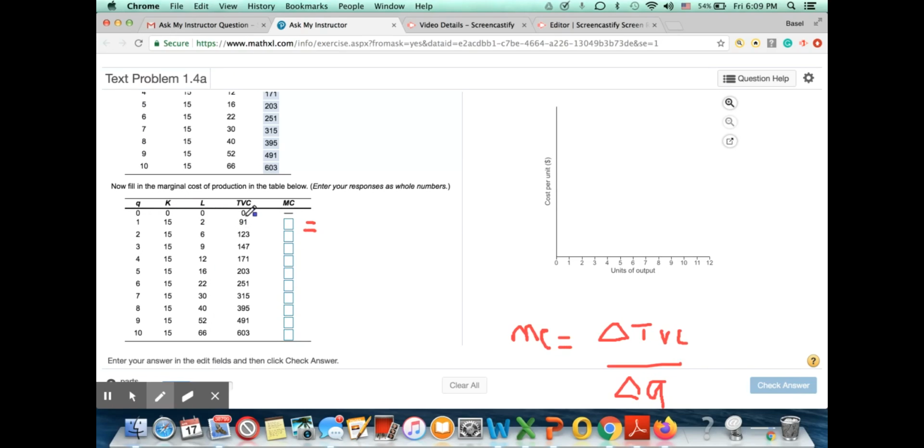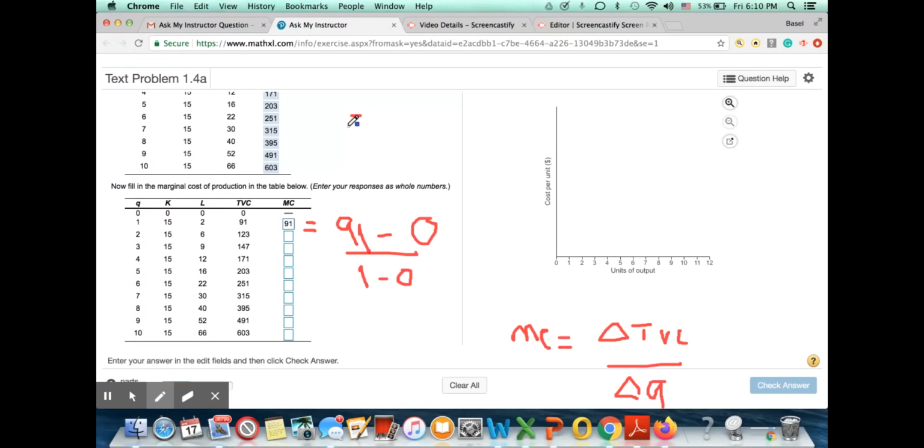The change in total variable cost between 0 and 1 is 91 minus 0, divided by 1 minus 0. So it's 91. Let's do the calculations for between 1 and 2 right here.